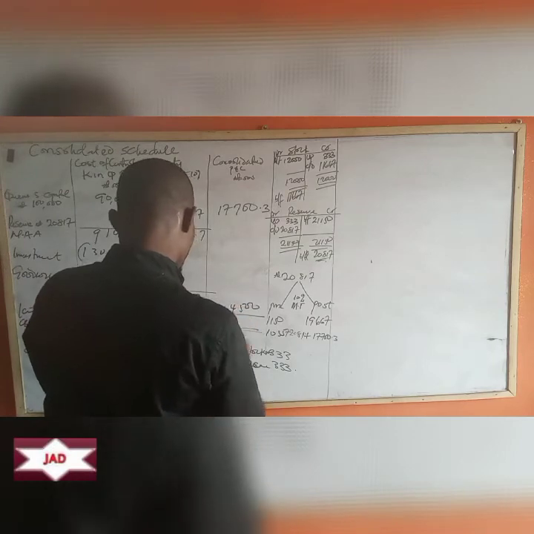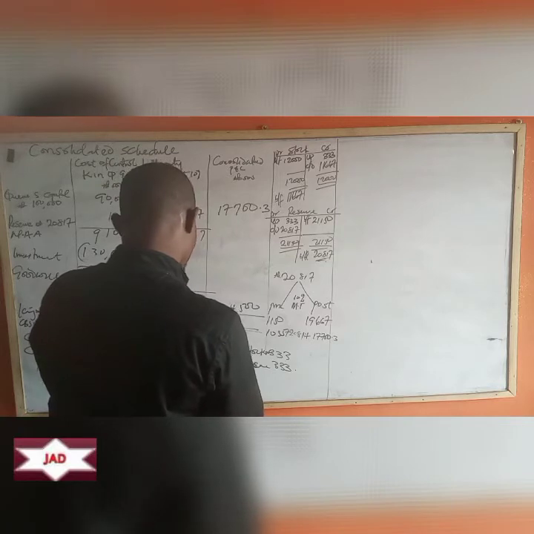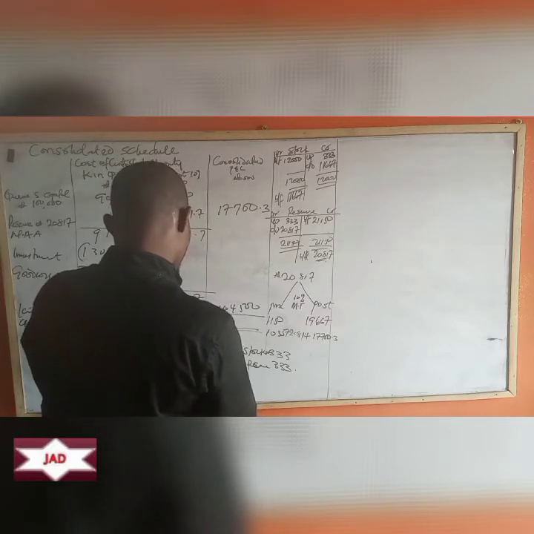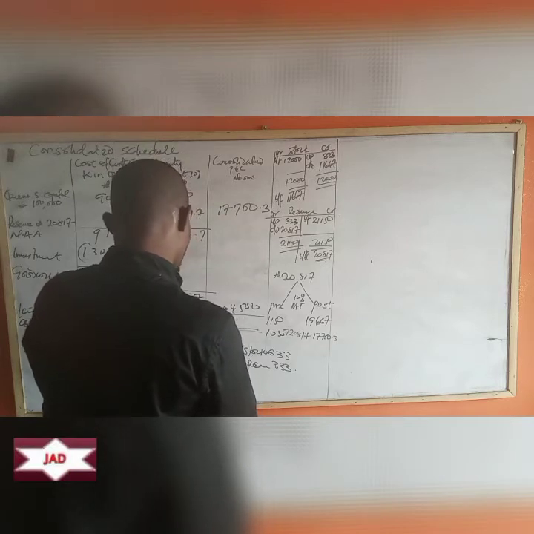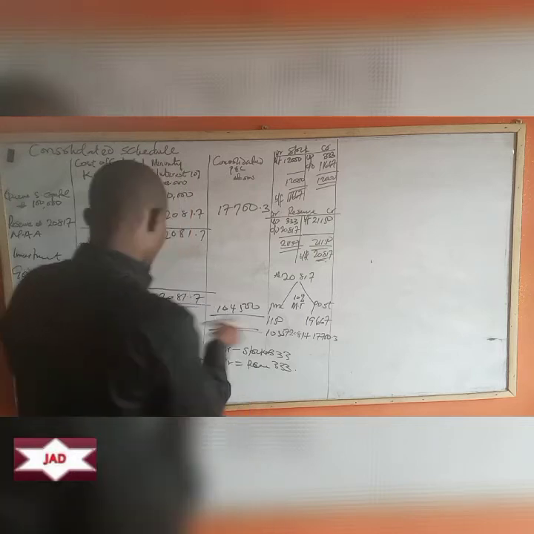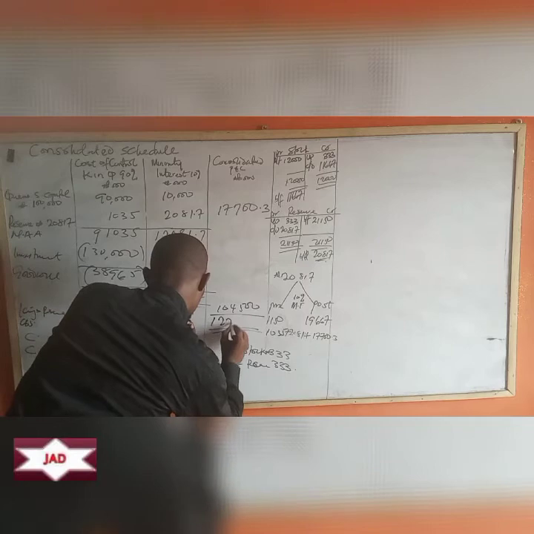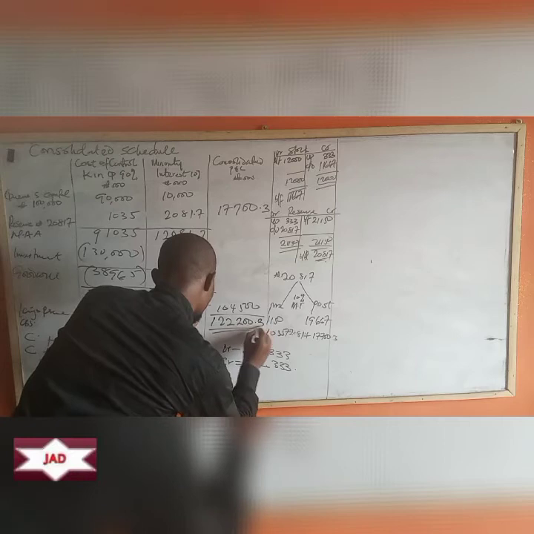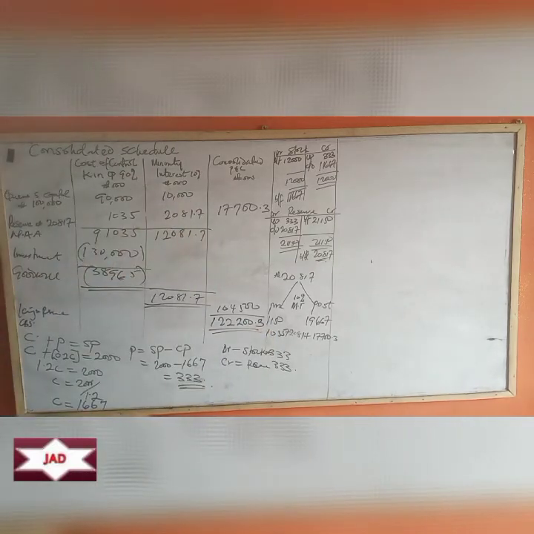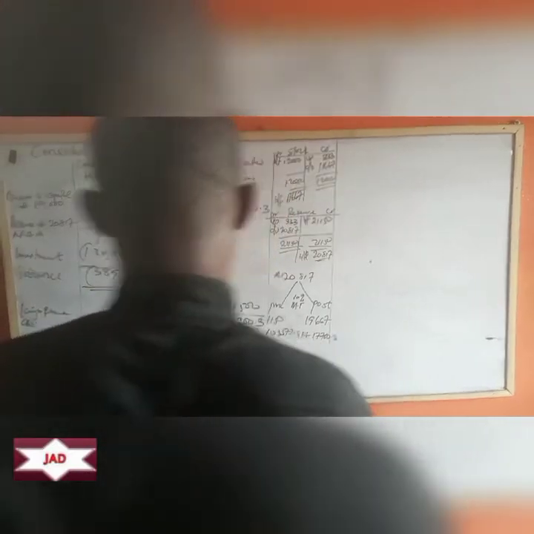So what do we have? 104,500 plus 17700.3. So what do you have? We have 122,200.3. Okay, so this is what we have.